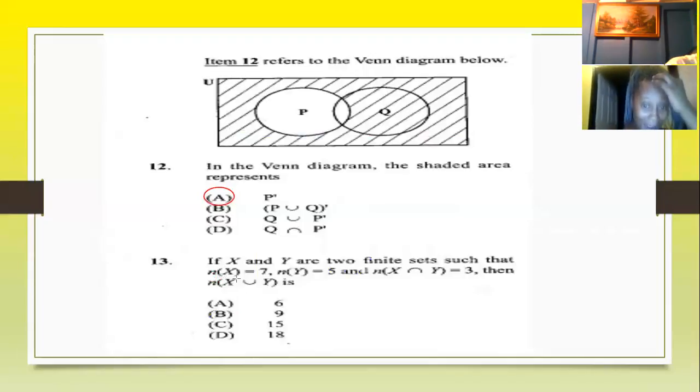If X and Y are two finite sets, such that number of elements in X, not number of X, number of elements in X equals 7, number of elements in Y equals 5.